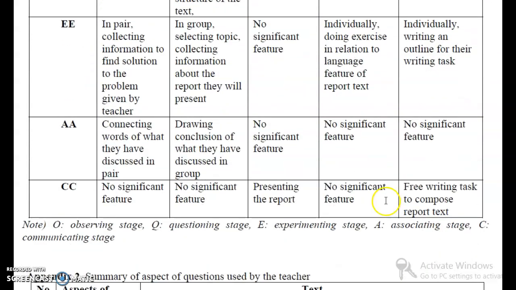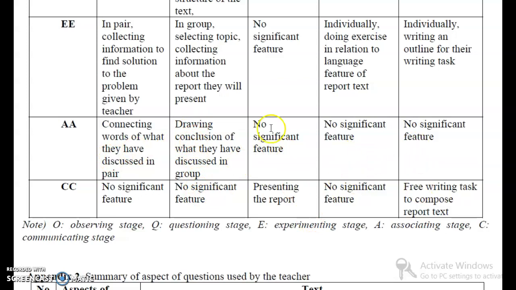And then experimenting here in pairs. Okay, in the first meeting, the second meeting, the third meeting, the fourth meeting, and the last meeting, and then associating, and then questioning. You can see here the first meeting, the second, the third, and then the fourth, and then the last.